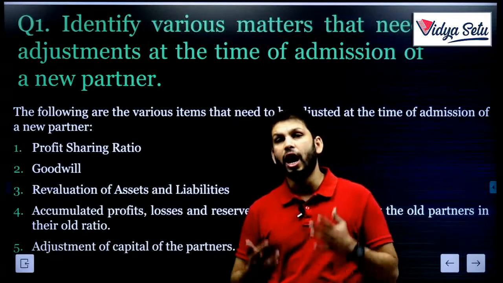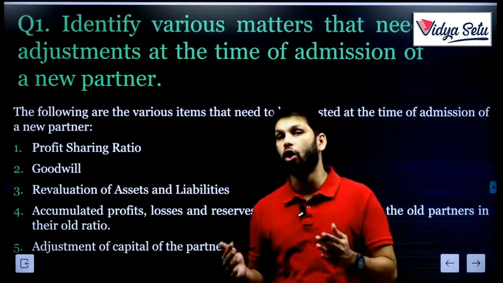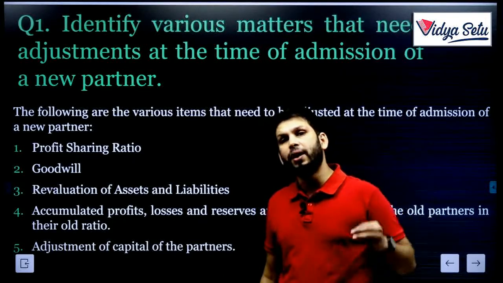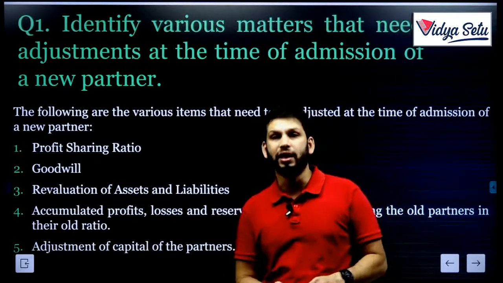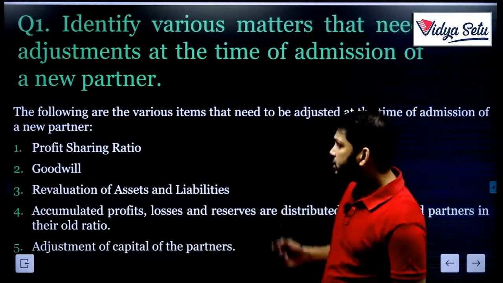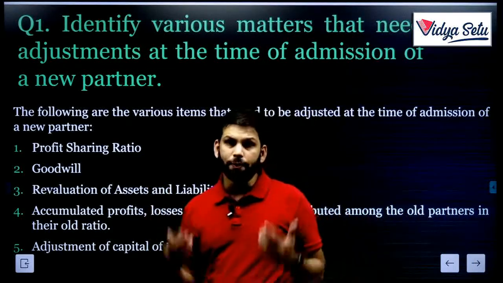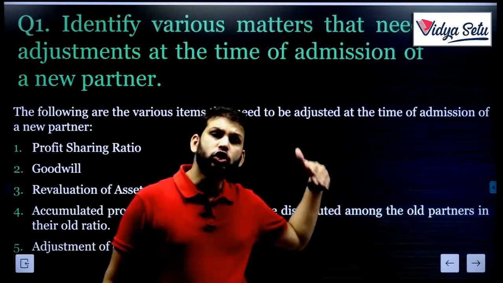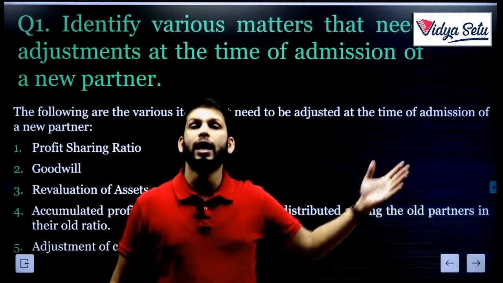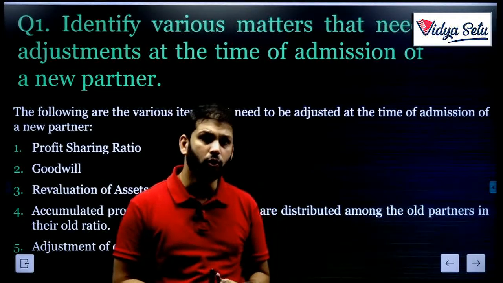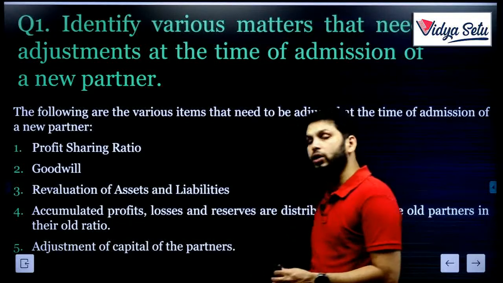We calculate how much the goodwill is if it is not already given in the question, then the sacrificing partners are credited and the gaining partners are debited. Next is revaluation of assets and liabilities: as the new partner is coming in, assets and liabilities should be revalued and reassessed at market rates, so we prepare a revaluation account.